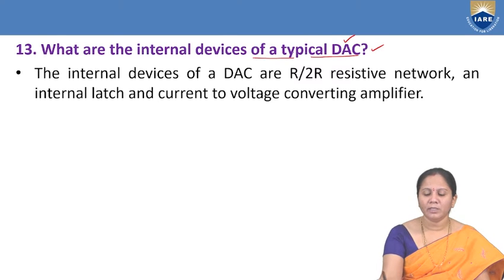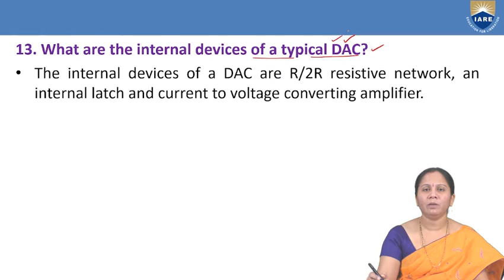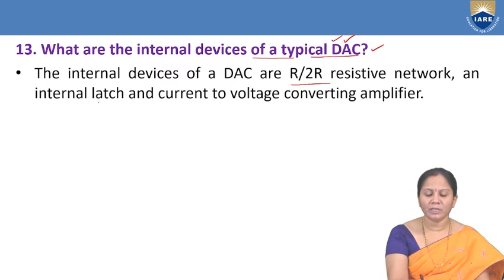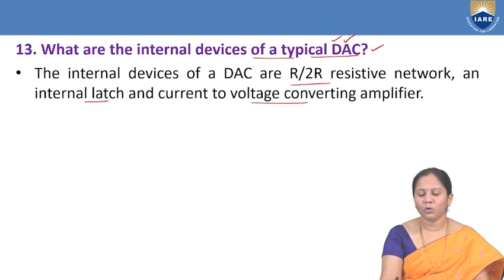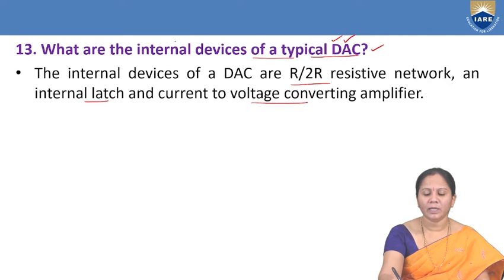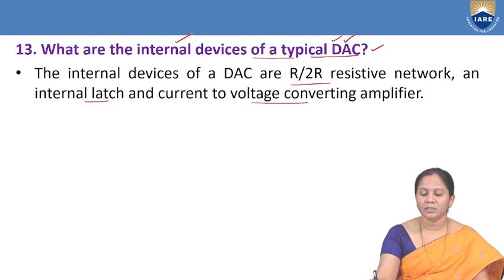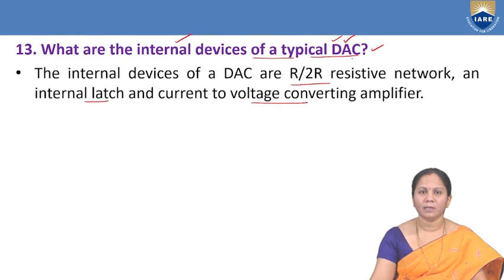The internal devices available in a digital to analog converter are an R-2R resistive ladder network, an internal latch, and a current to voltage converting amplifier. Using all these three internal devices, the DAC converts a digital signal to an analog signal.